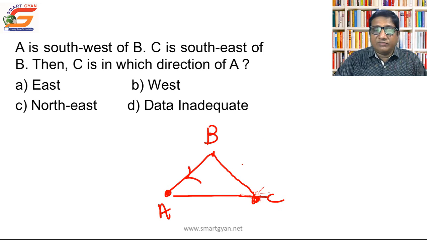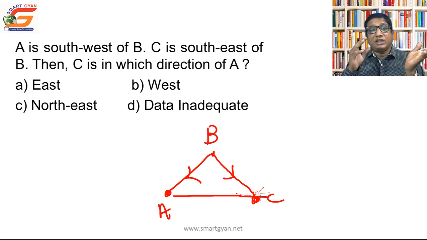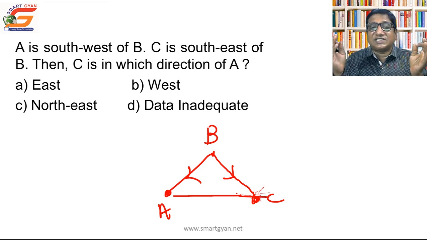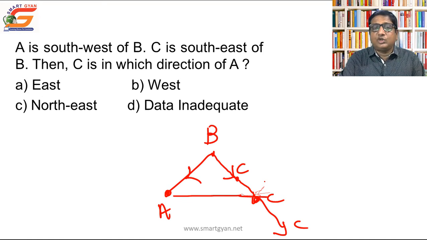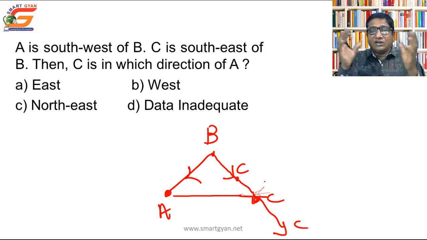The distances between B and A and between B and C have not been specified. That is why C may be here, or somewhere here, or also here, because we do not know the exact position of either A or C. That is why we cannot take a concrete decision. Then, C is in which direction with respect to A?